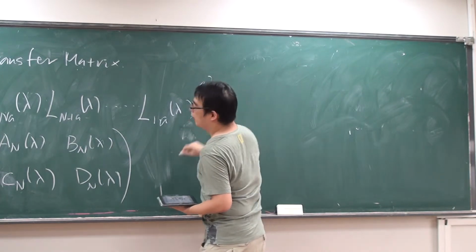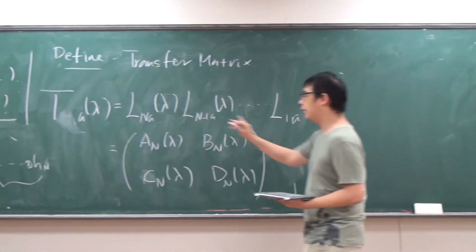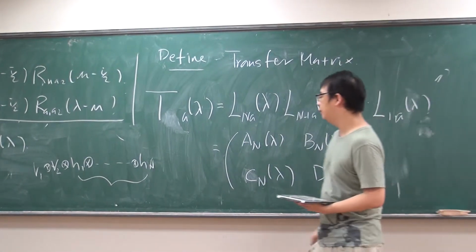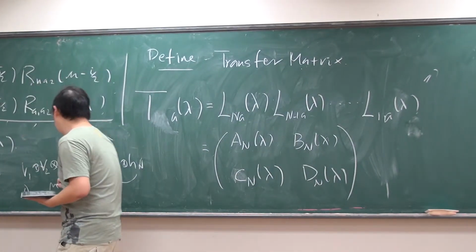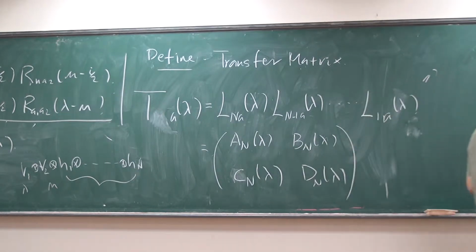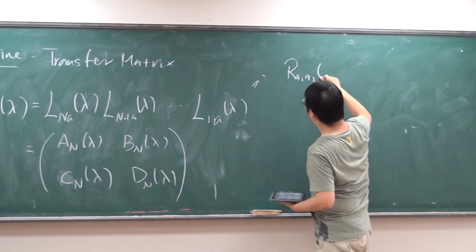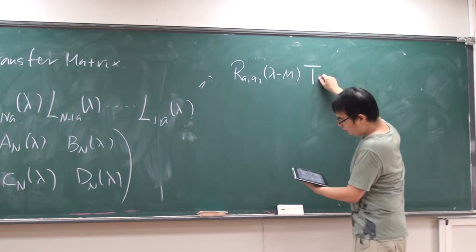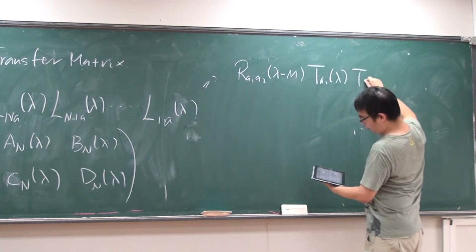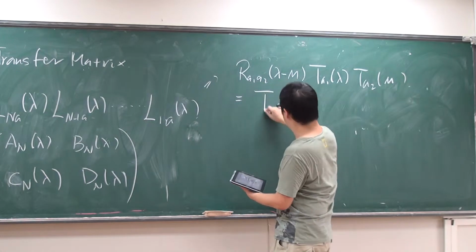Again, I will consider another auxiliary space, V1 and V2, and then define another transfer matrix, one with lambda and one with mu. If you knew what was happening just now, then you can almost write down the commutation relation for the transfer matrix in this case.